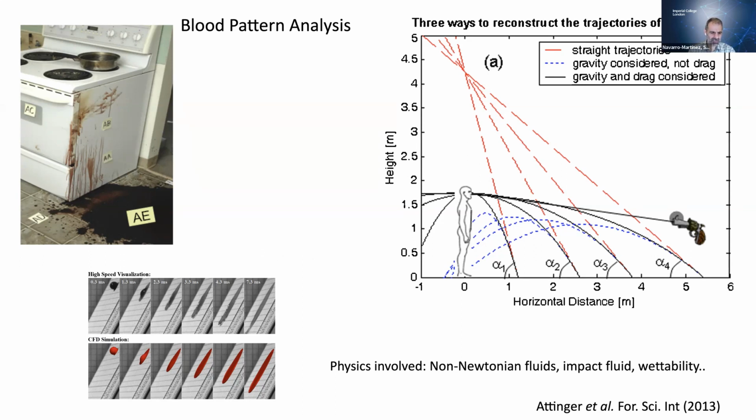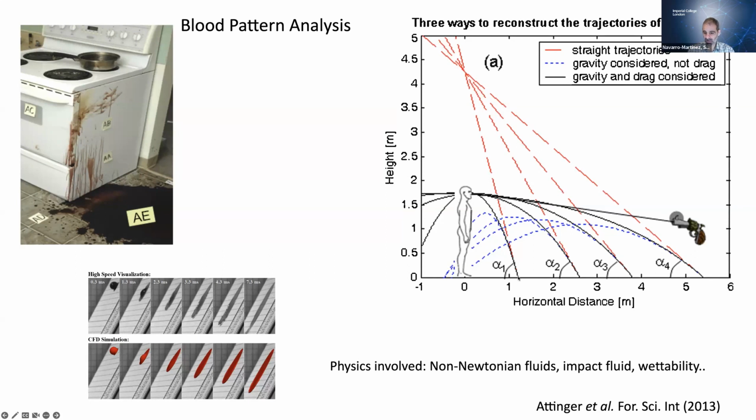Nowadays they are a little bit more fluid dynamics analysis. They try to have some experiments by spraying pigs' blood onto surfaces, and they use CFD simulation to get the shape. You can see here the experiments, and here the CFD. Based on the shape of the blood, they can get an idea of the trajectory of the blood.